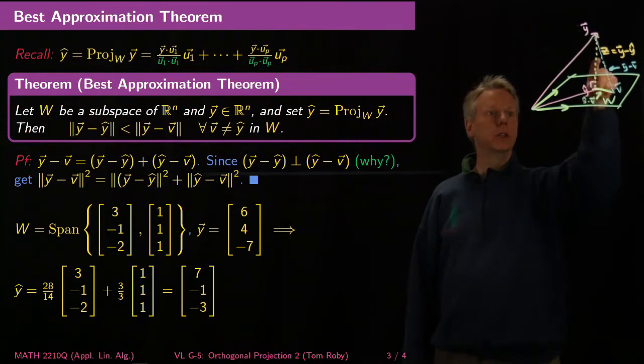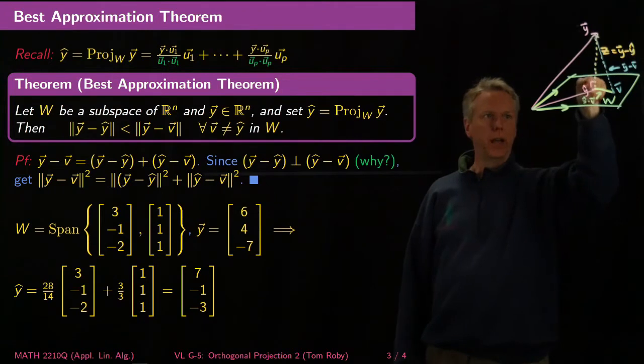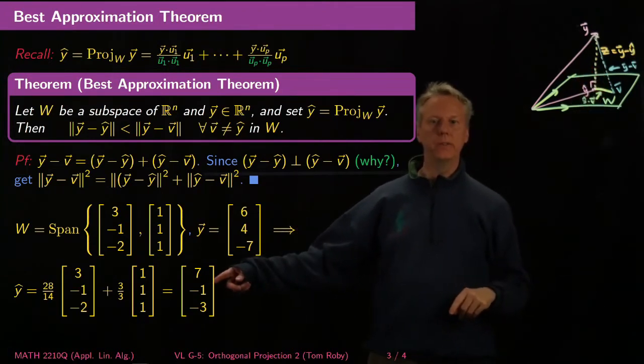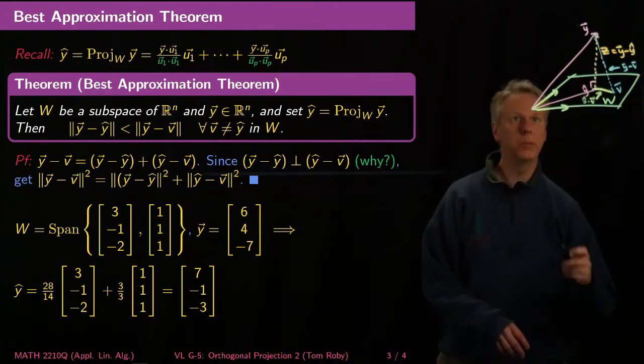Then the other thing that we might want to do is to say, well, what is this distance between y and y hat? So then we need to do a little bit more computation, right?